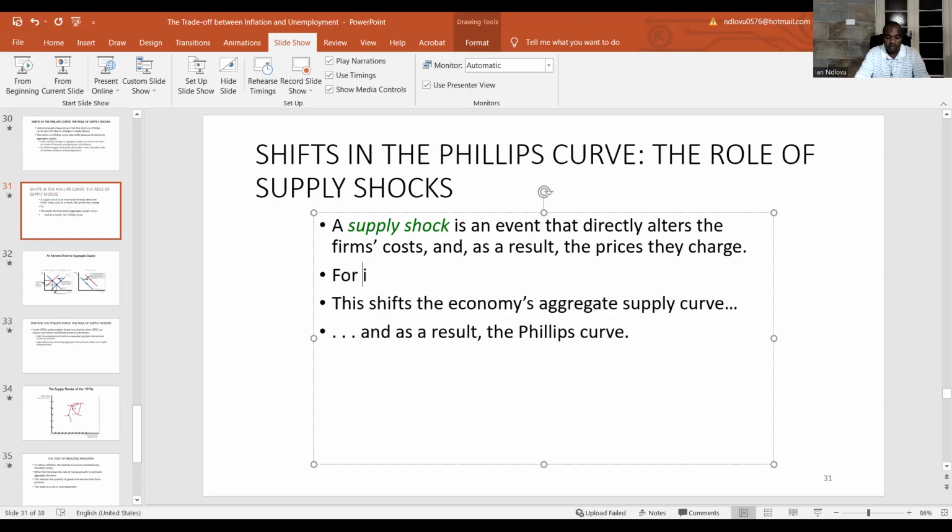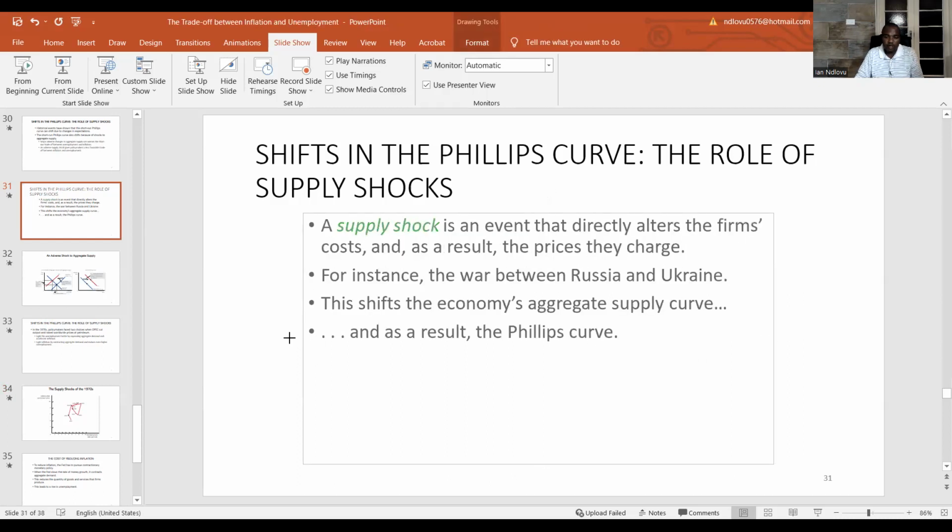For instance, the war between Russia and Ukraine. Some would say the invasion of Ukraine by Russia, but what has resulted is a war between the two countries.